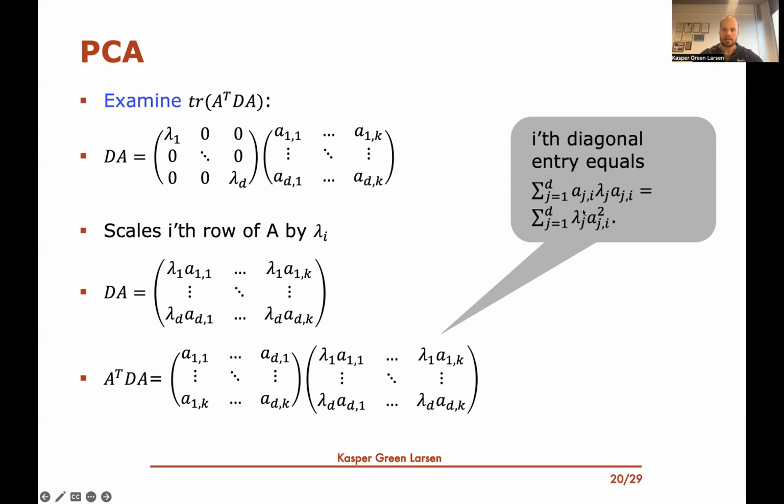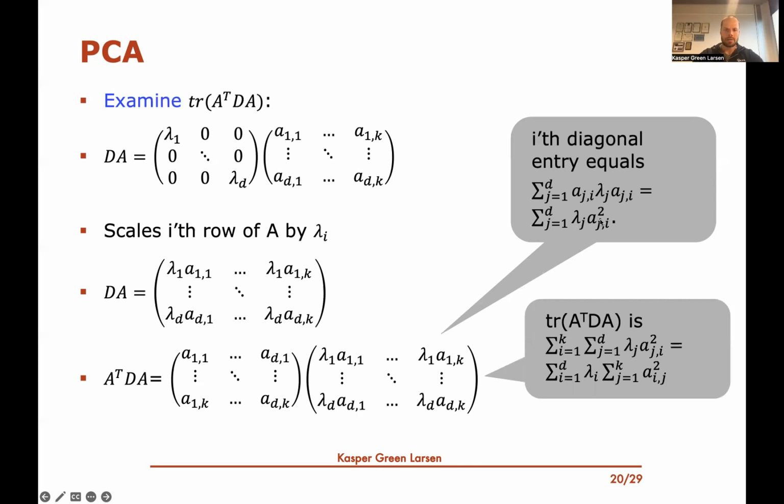Like, so we have the sum from 1 to D lambda j times the square of entry aj, comma i. Right. So in some sense, what we're doing here is that we're summing the squares of the entries in the jth column, but we're scaling each of them by a different value lambda j.